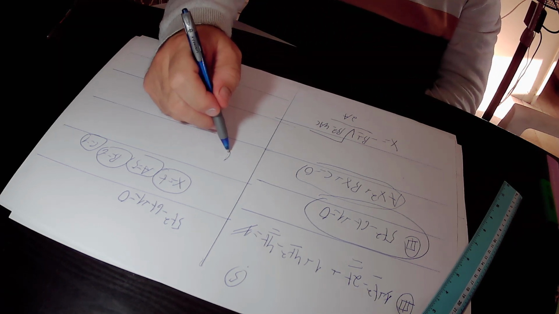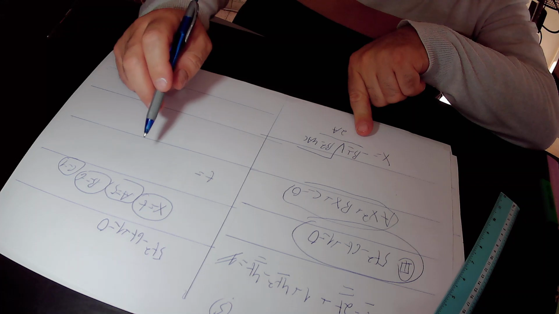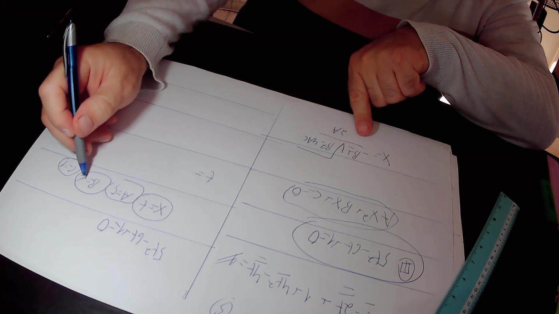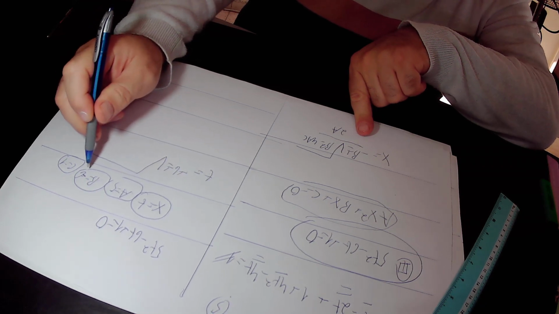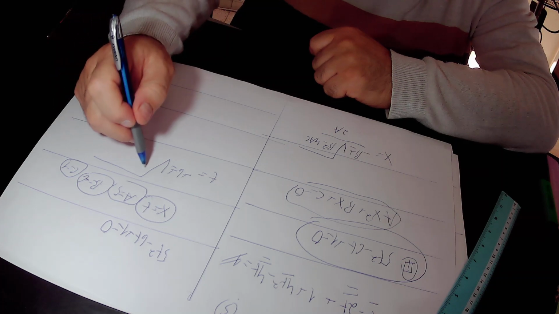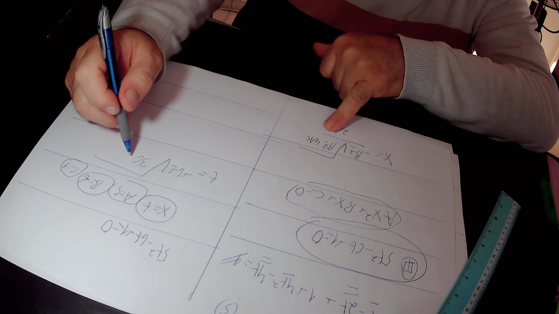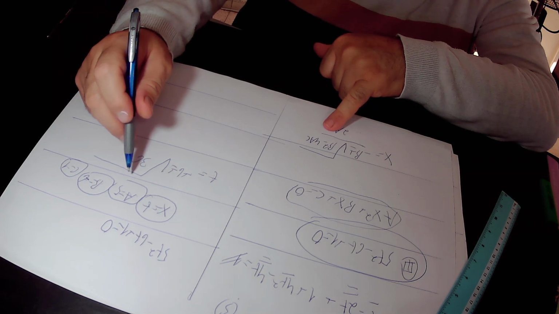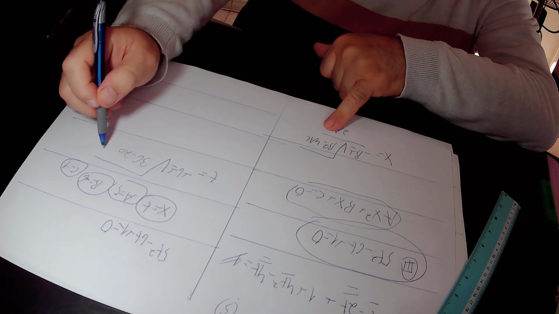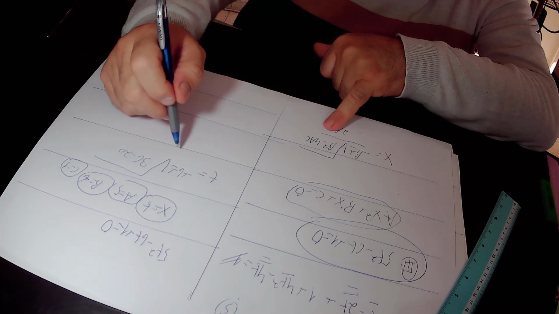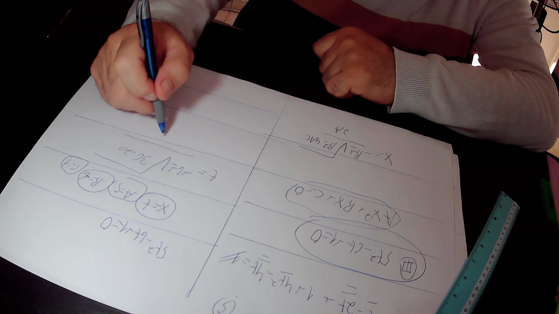So x equals t, and it equals minus b. b is minus 6, therefore minus b is plus 6, plus minus square root of b squared. b squared is minus 6 squared, that is 36, minus 4 times a. a is 5, so minus 4 times 5 is minus 20, times c. c is 1, so minus 20 times 1 is minus 20, divided by 2a. a is 5, so 2 times a is 10.